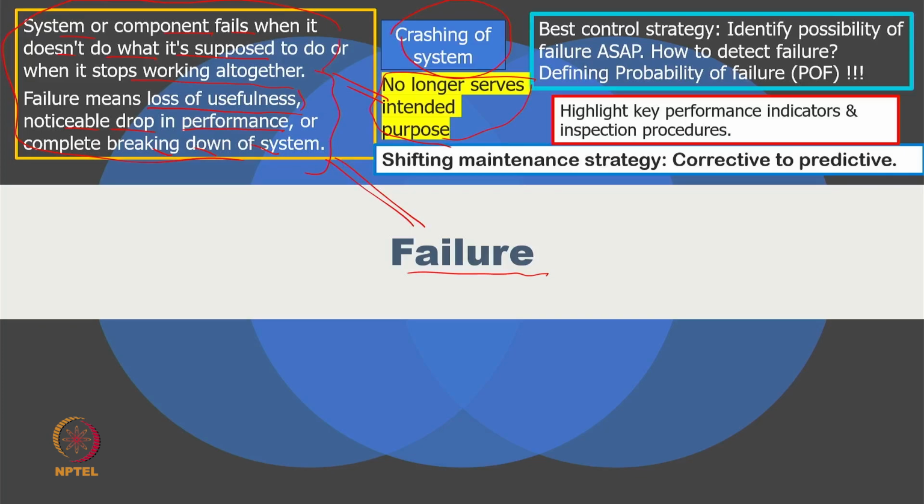Now, what is the best control strategy to avoid the failure? We say identify the possibility of the failure as soon as possible, when the system is getting loaded or when the system starts performing. If we are able to think about the possibility of failure, then it will be easier to understand. That means we really require many sophisticated features which need to be addressed and continuously monitored.